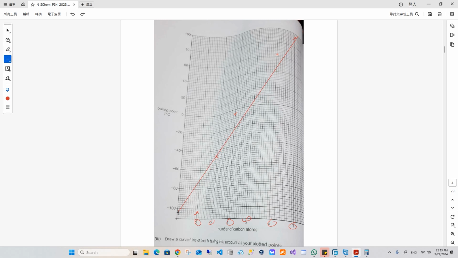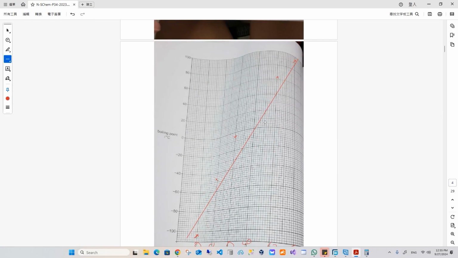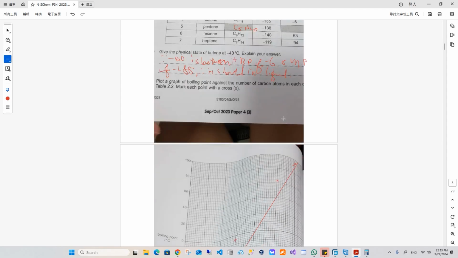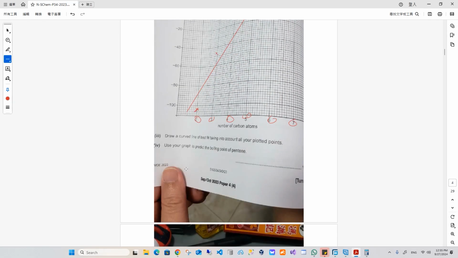Wow, my line is horrible. My line is the best line, it should actually look quite nice. This is very bad, but just for the sake of illustration, if this is already the best line, the idea is to ask me to estimate. Draw a curve of best fit.